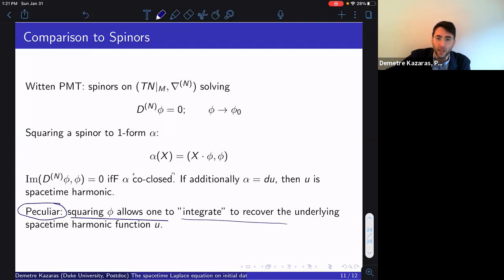And the level sets of this function are key to our proof. So it's strange that only after you square the spinor can you realize that there is an underlying foliation that reveals some geometry of the initial data set. That's the kind of mysterious part of this proof that we're still trying to understand.